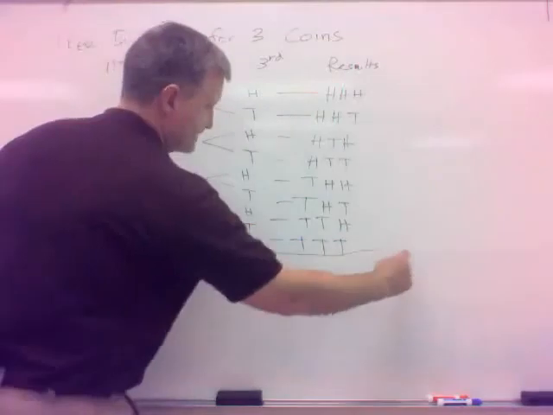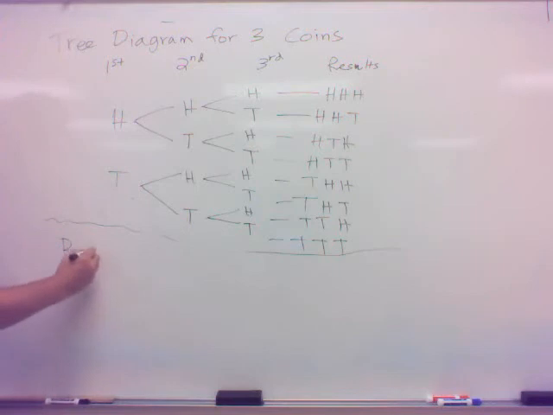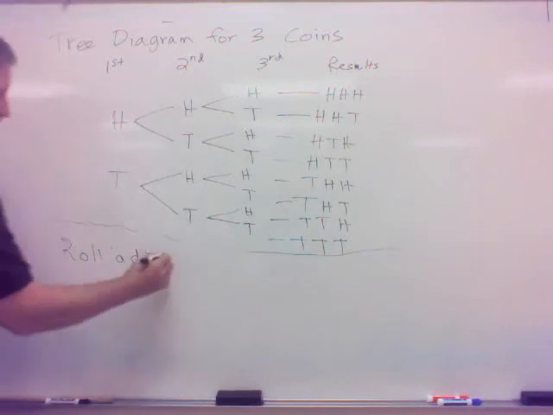We'll flip coins some as we go, but we'll also do some other things. Another one we'll do is roll dice, or think about rolling dice, or actually roll the dice. But first of all, if I roll a die, what are the possibilities there?